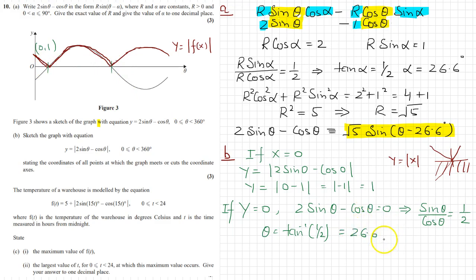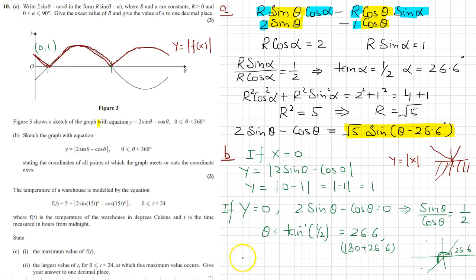So this is 26.6, and this is the value of tan. So this is 26.6 and a positive ASTC. Then another value is this value. So this is 180 plus 26.6.